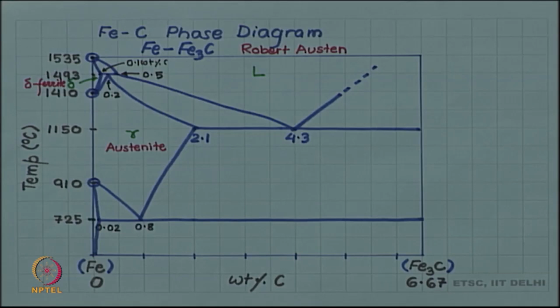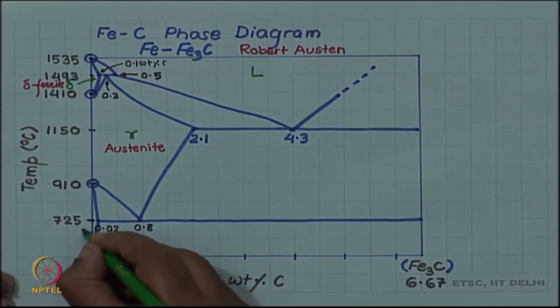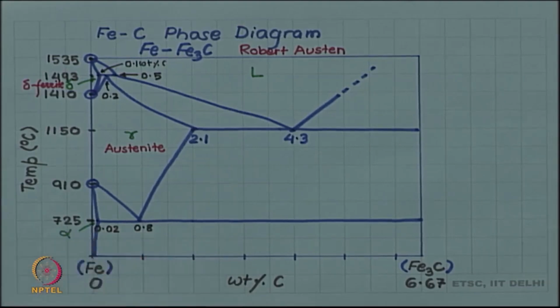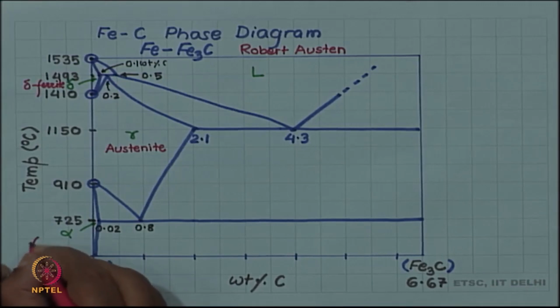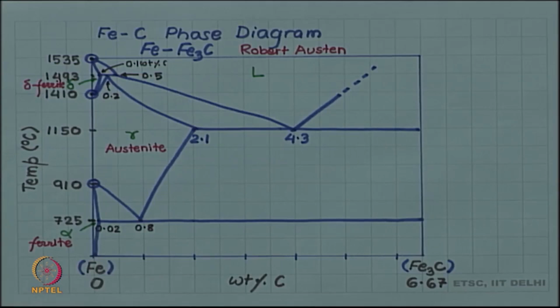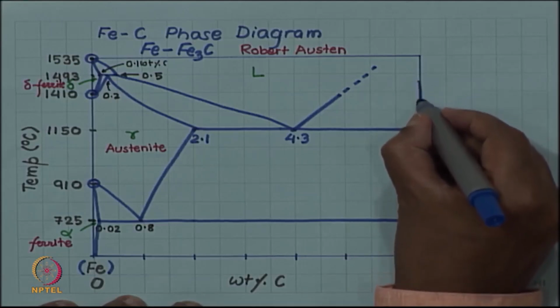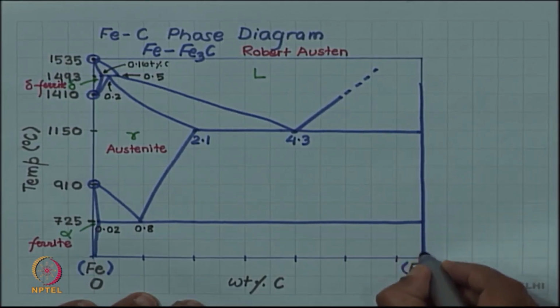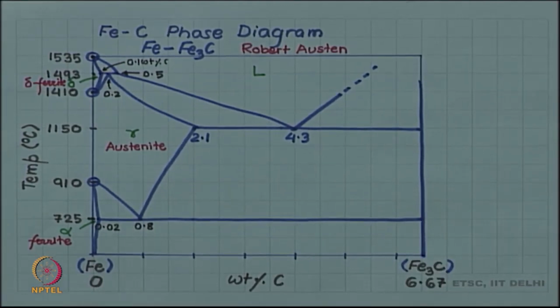And then again you have a small triangular region here, this is called alpha, and its name is simply ferrite. And this vertical line here itself is a single phase region, only since it is a compound it exists at a fixed composition. So, it does not have any width in the composition space.